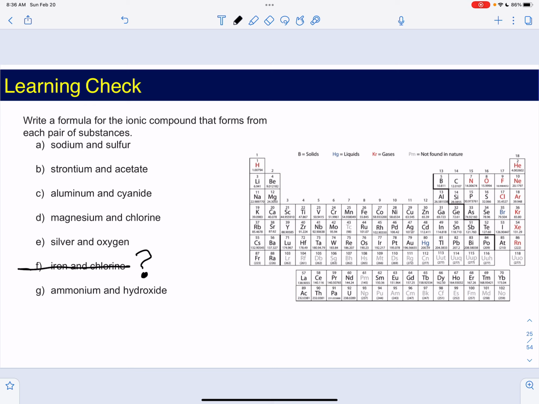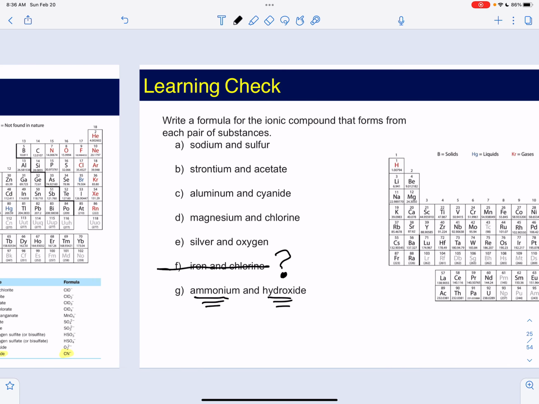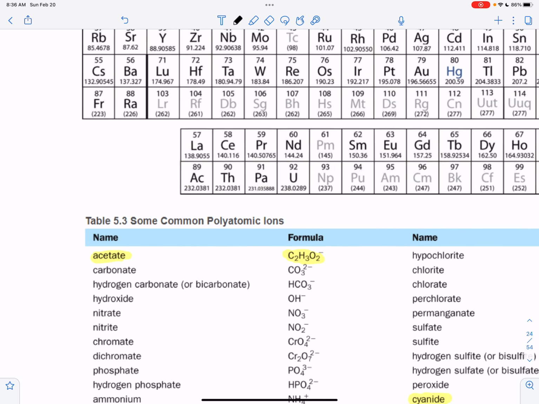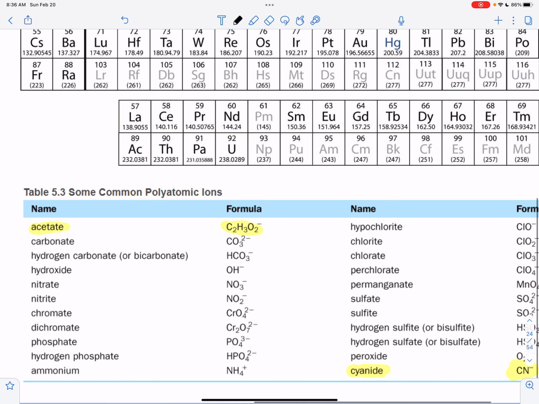And what about the last one? Ammonium and hydroxide. I am not even going to look at the periodic table for this. Those sound weird. So I'm going to go to the polyatomic ions. Hydroxide, I'm looking for hydroxide. Here it is.